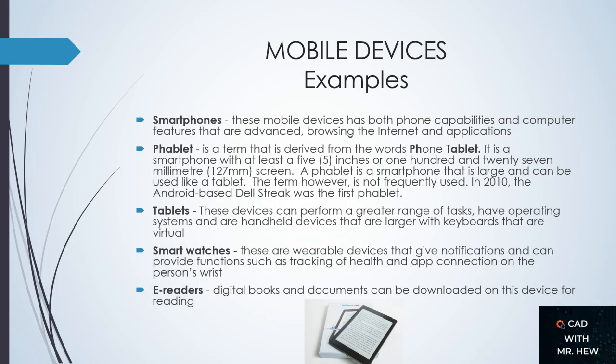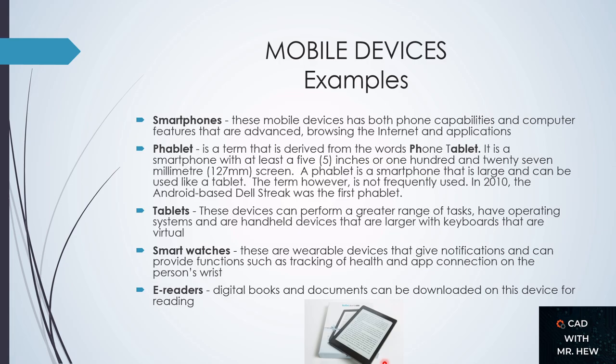Let's look at the examples of mobile devices. We have smartphones. These mobile devices have both telephone capabilities and advanced computer features. You can browse the internet and use the smartphones using different applications or apps. Phablet.